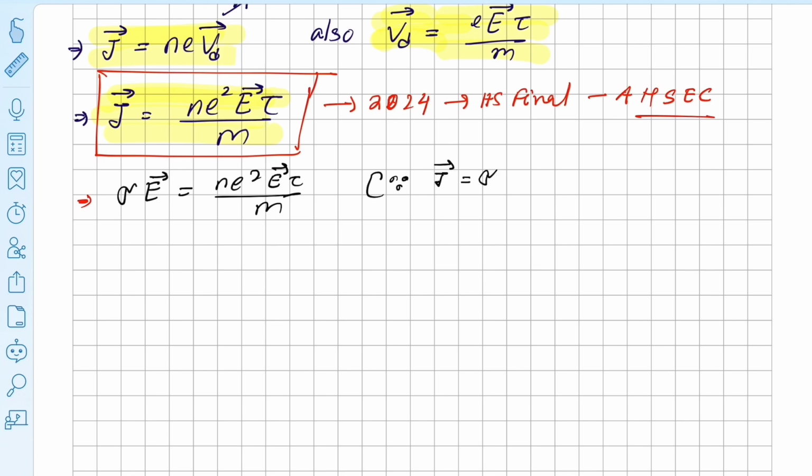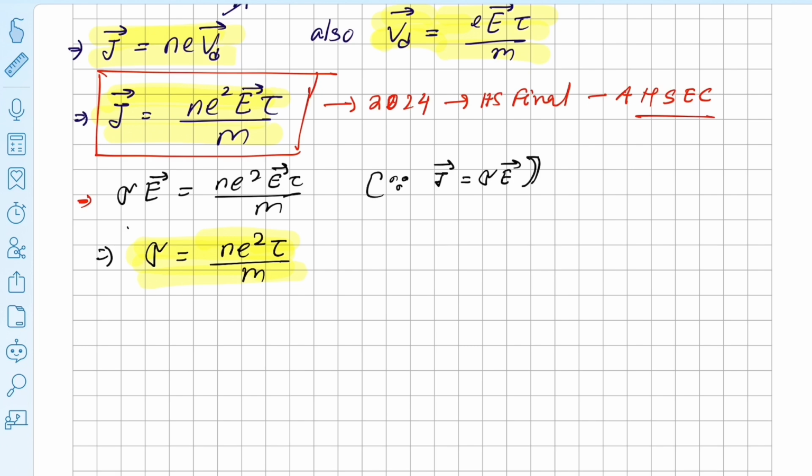Since J is equal to sigma E, which is the vector form of Ohm's law, here this E cancels, so we get sigma is equal to n small e squared tau by m. That's what we have, right?